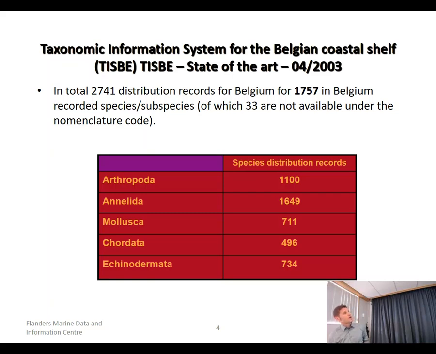That's from April 2003, and it contained 2,741 distributions recorded in literature on species occurring in Belgian marine waters, at that time representing 1,757 marine species. So that was basically the first overview of BeRMS.